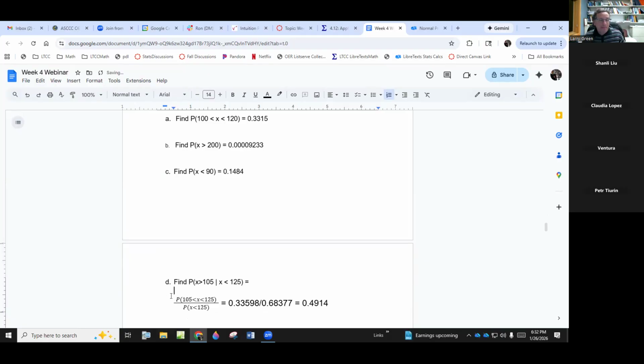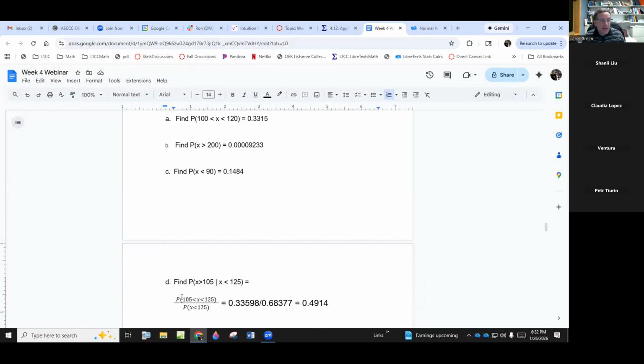A and B to be greater than 105 and less than 125, that means you're between 105 and 125. And then divided by the probability of B, probability of X is less than 125.